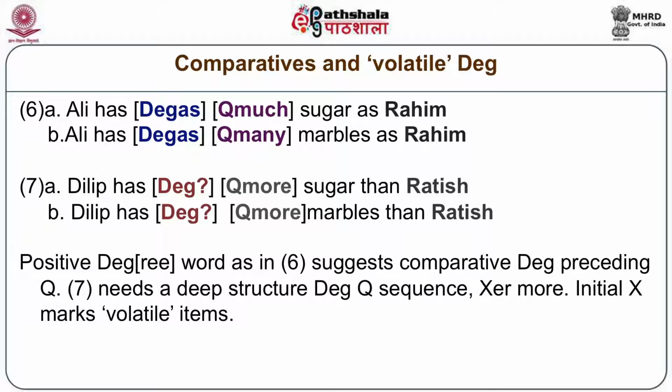So we treat more, which is a quantifier, as the morphological instantiation of the syntactic sequence er plus more. More degree plus quantifier corresponds to as much. More corresponds to as many.